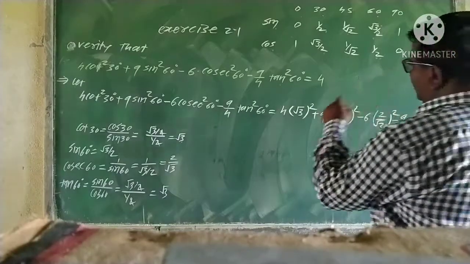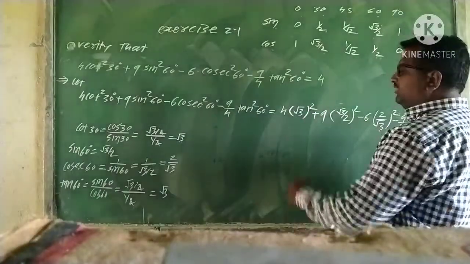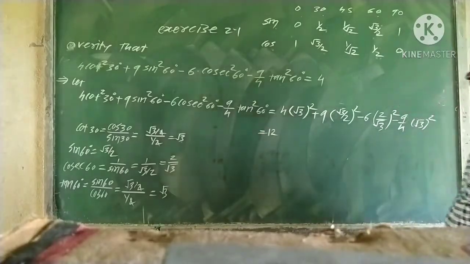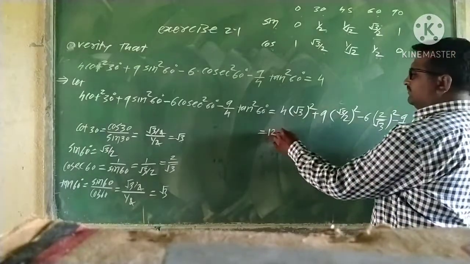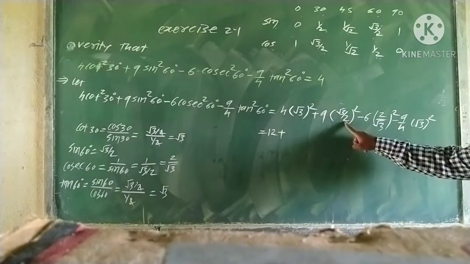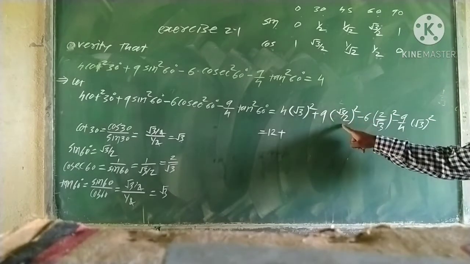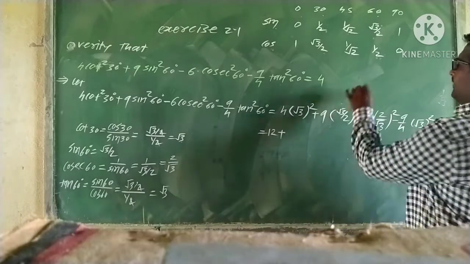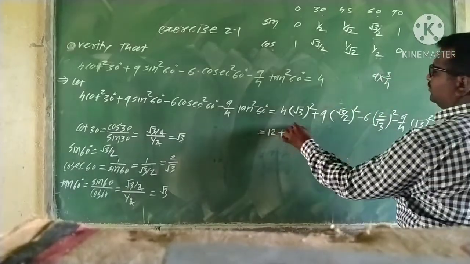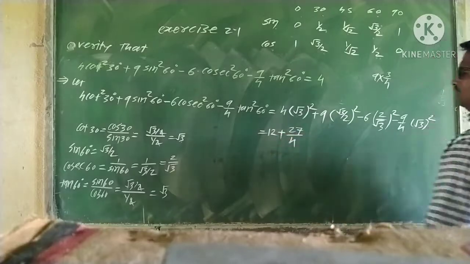Square root 3, its square, is equal to 3. 3 multiplied with 4 is 12, plus square root 3 divided by 2, its square, is 3 divided by 4. 3 divided by 4 multiplied with 9 means this term is equal to 27 divided by 4.